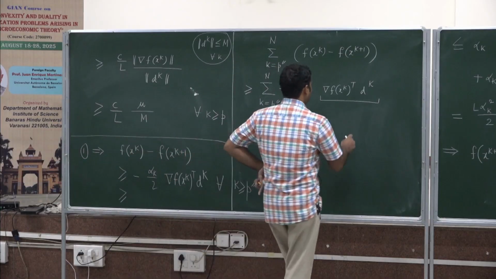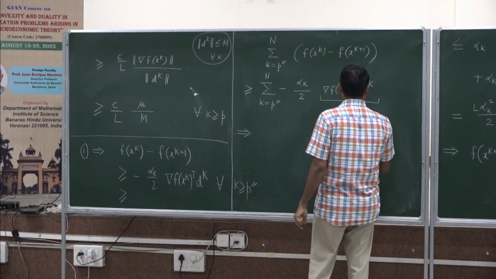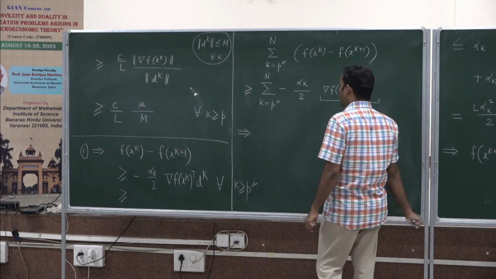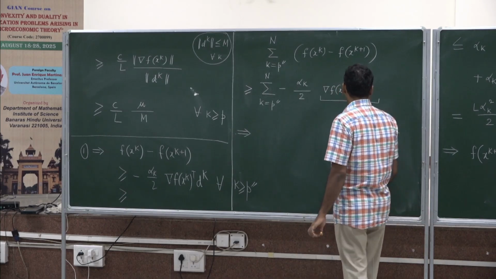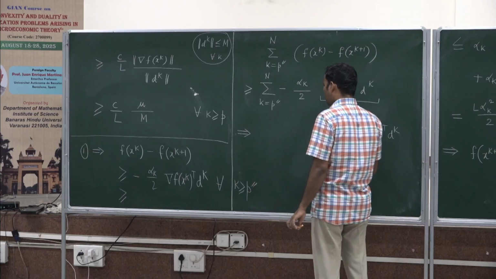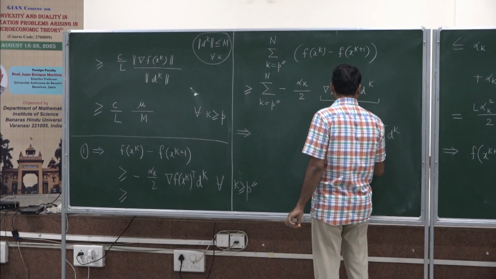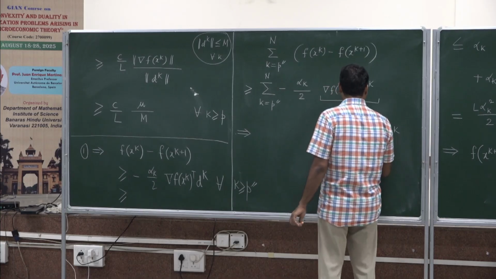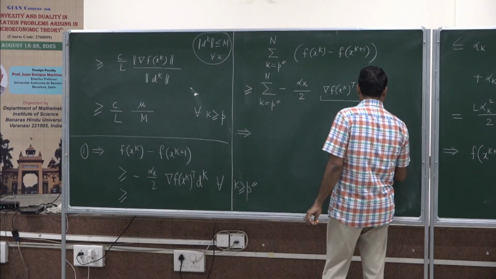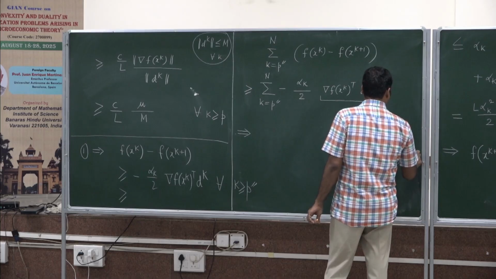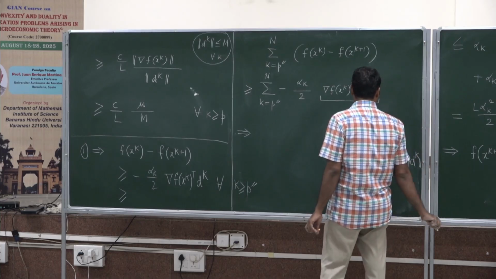I want here gradient of f(xk) transpose dk, which means it is less than or equal to the norm of gradient f(xk) times the norm of dk, right.